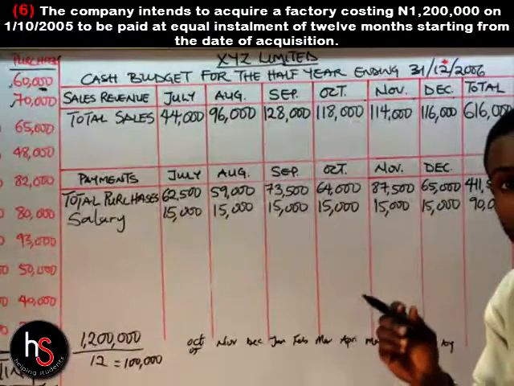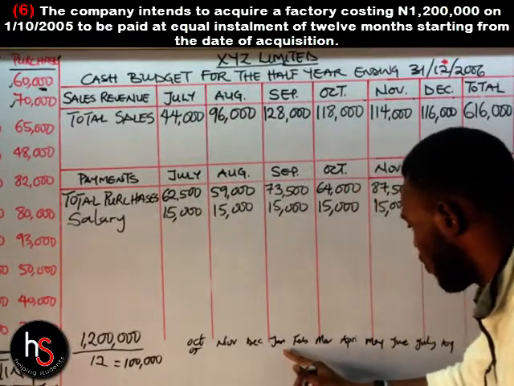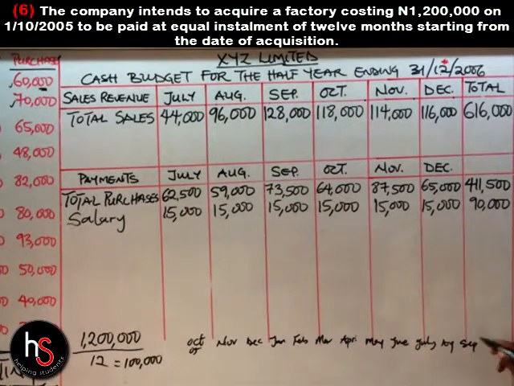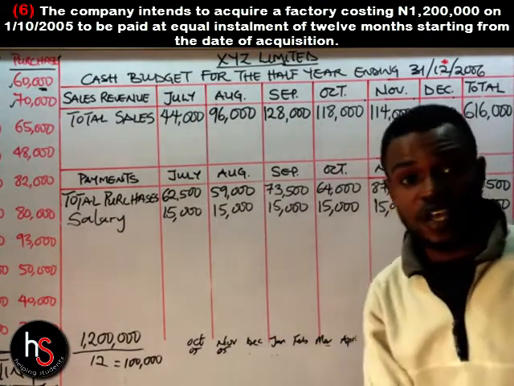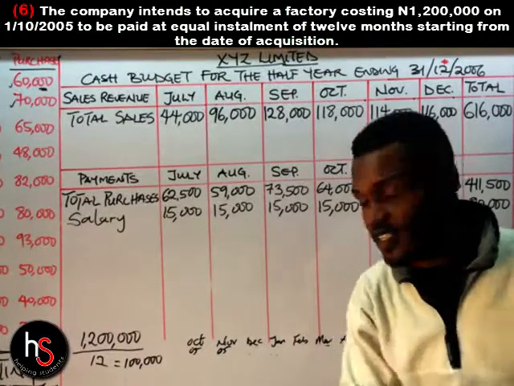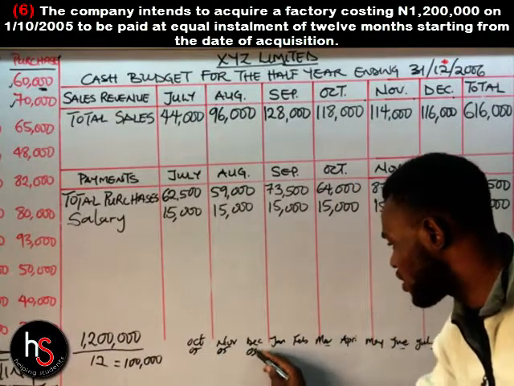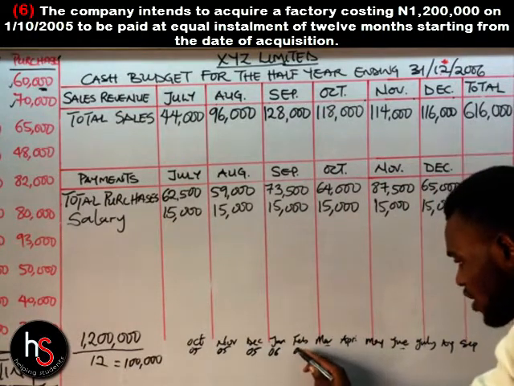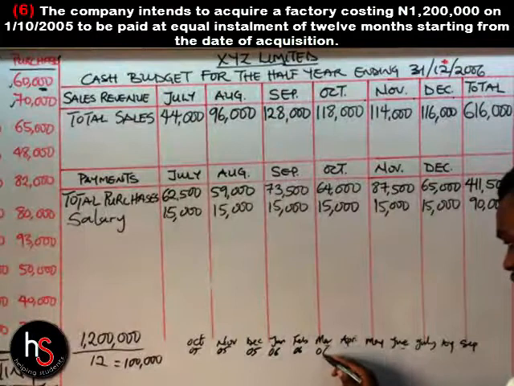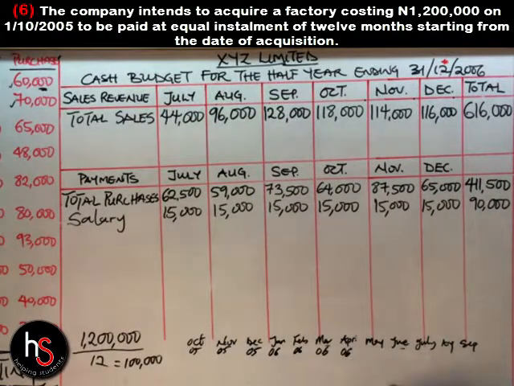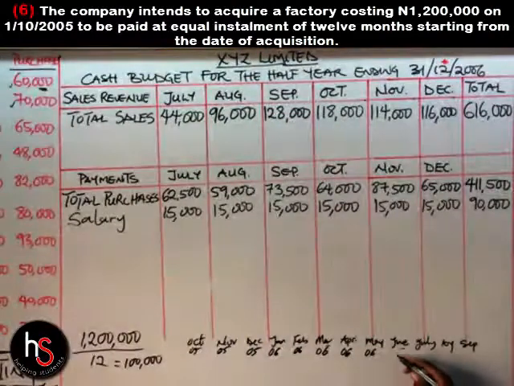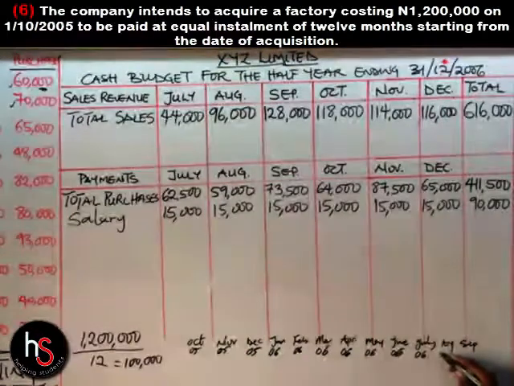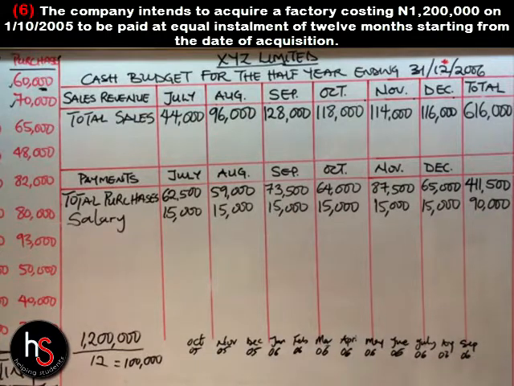Remember they said 12 months. 1, 2, 3, 4, 5, 6, 7, 8, 9, 10, 11, then September is 12.